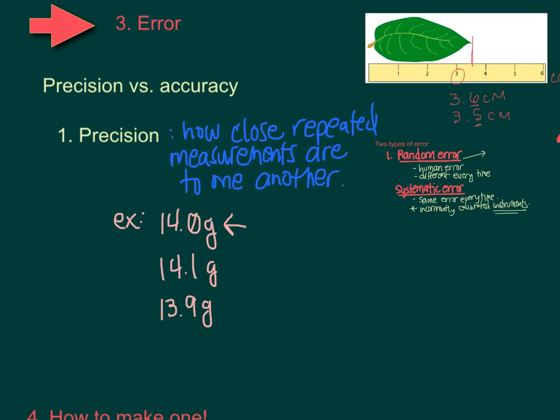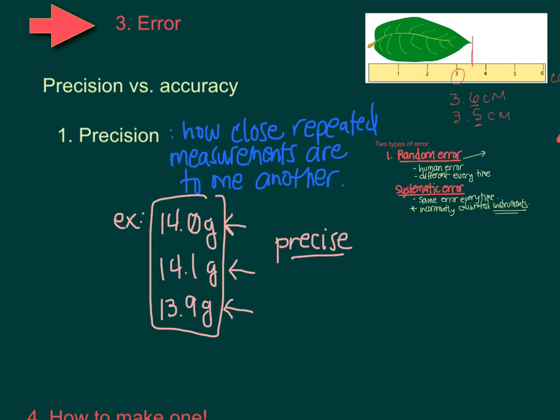This is your measurement, this is your friend's measurement, and this is your other friend's measurement. You're weighing the same rock on the same scale, and you each got different measurements, but they're pretty close with one another. They agree with each other within 5%. And so I would say that these are precise measurements because they're close to each other. They're grouped together in a range that's acceptable.